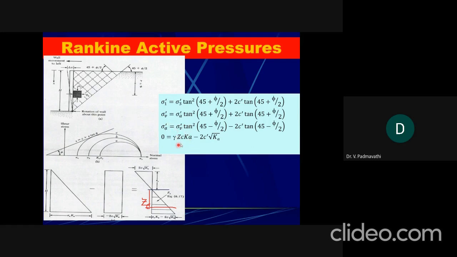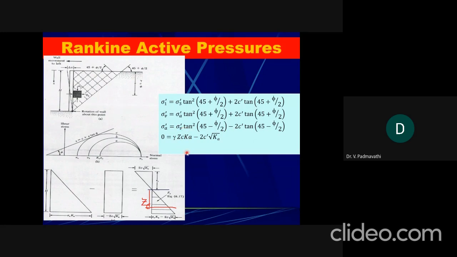How it will be, we'll see later. Multiplied by Ka minus 2c root Ka. Just after rearranging these terms, we'll get this. So tan square (45 minus phi by 2) can be taken as Ka, and this is root Ka, and 2c is the same as the previous expression, and sigma V is gamma into Z, which is represented here as Z_C.